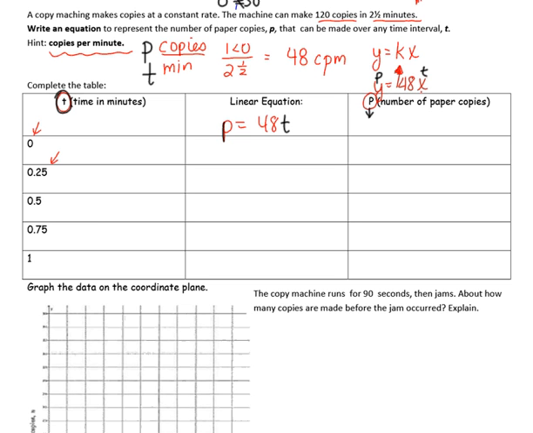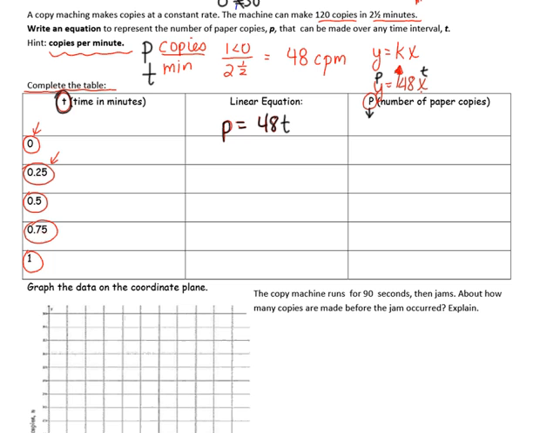So the number of copies is equal to 48 copies per minute times the number of minutes the copy machine is being used. Next, complete the table. We are going to find out how many copies are made when there are 0 minutes used, 0.25 minutes, half a minute, 3/4 of a minute, and 1 minute.